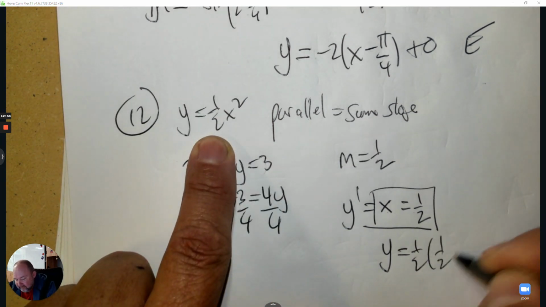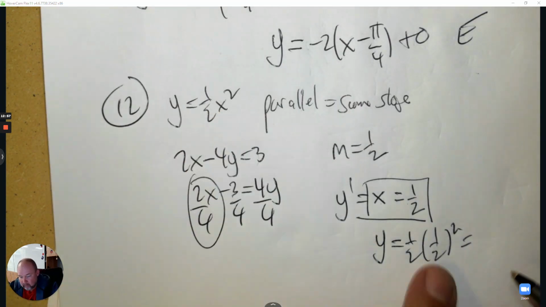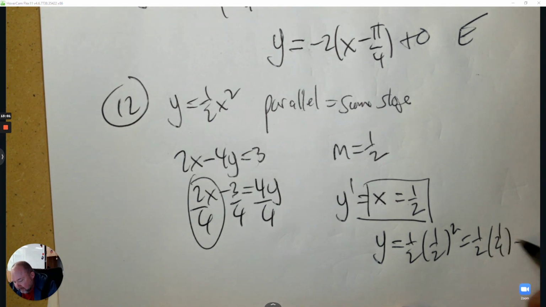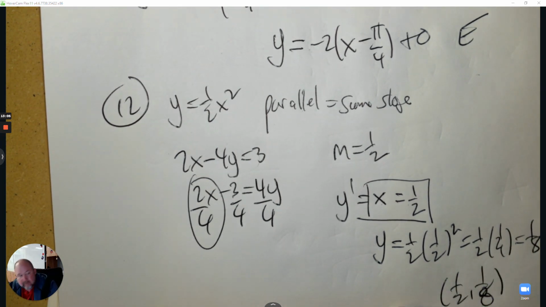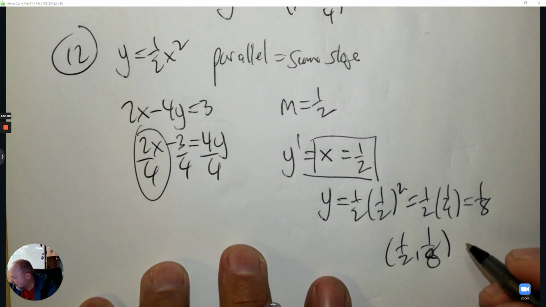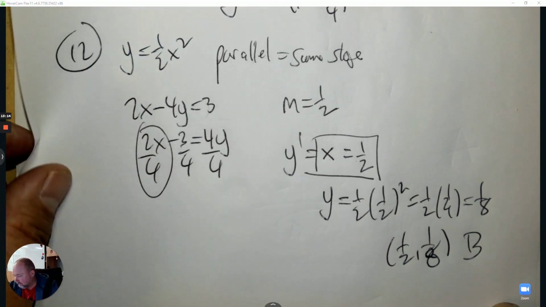Plug 1/2 into this equation. So that's 1/2 times 1/2 times 1/2. It ends up being 1/8. So the point is 1/2 and 1/8. I see the answer is B. All right, what's number 15 here?